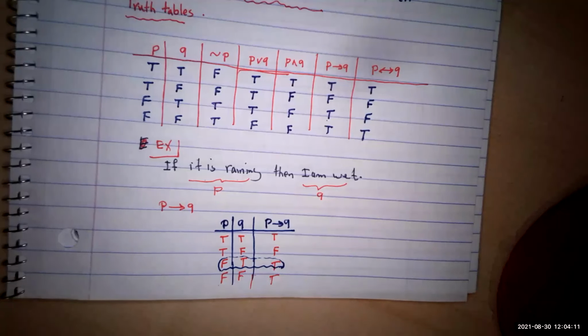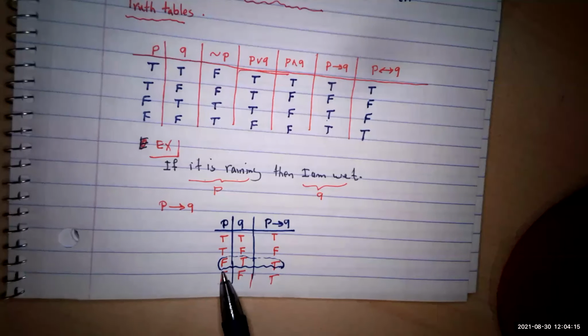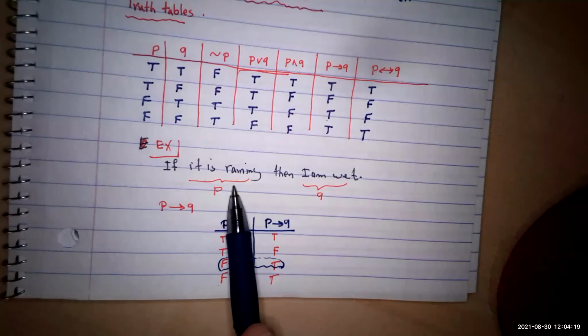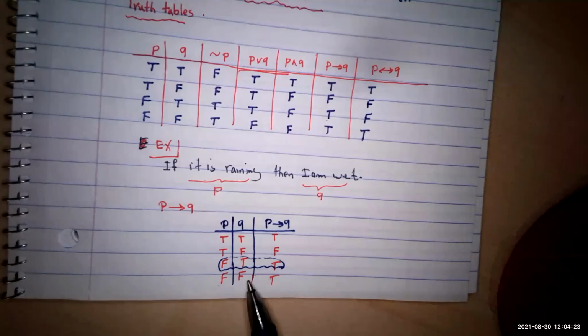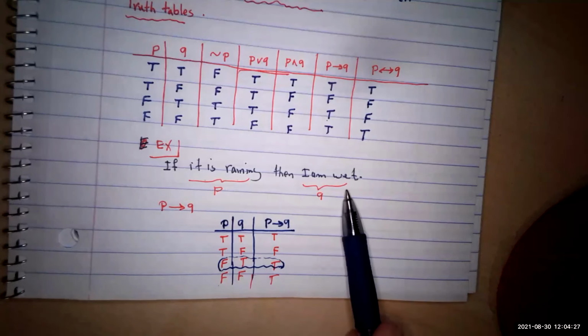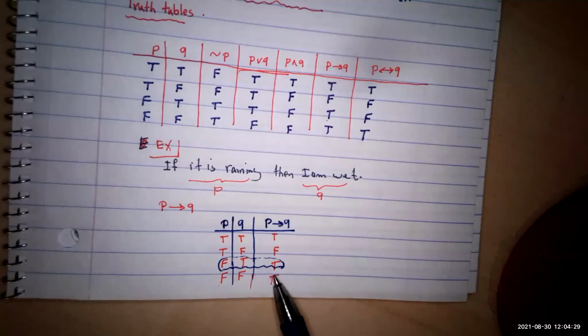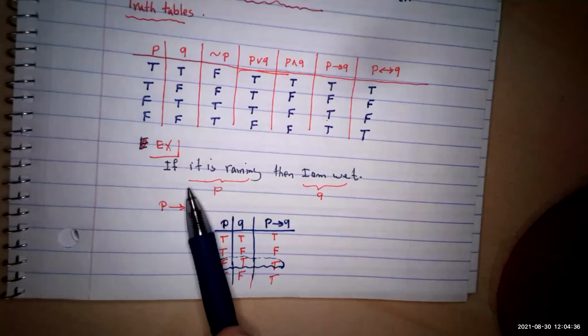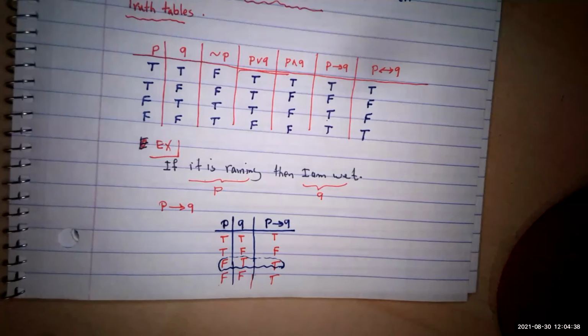What does it mean? When P is false, it means it is not raining. It's not raining, but you are wet. Since it's not raining, you don't have any obligation to follow.